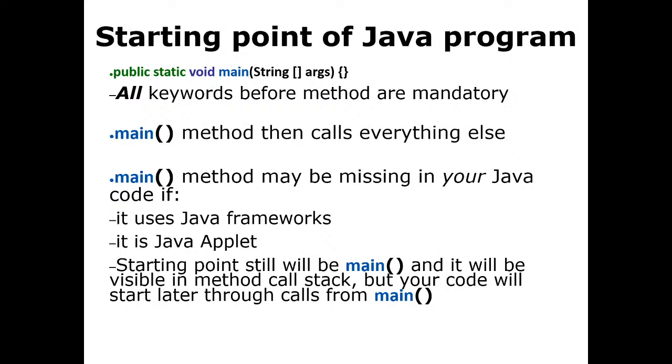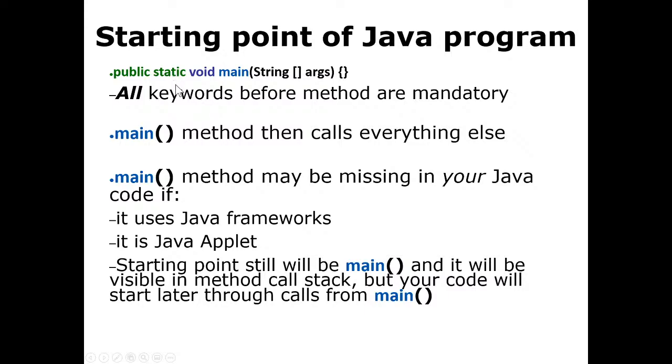Yes, as you already know, the starting point for each Java program is the so-called public static void main with the provided arguments, args, which is an array of strings. Yes, the public goes for the public, so we can access this method publicly.